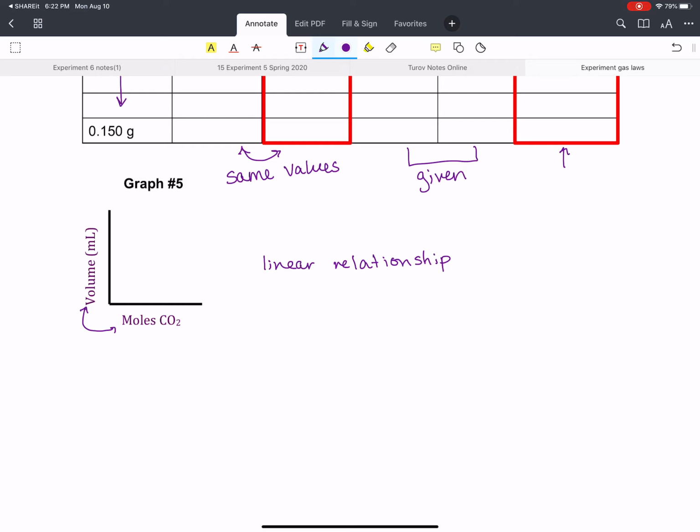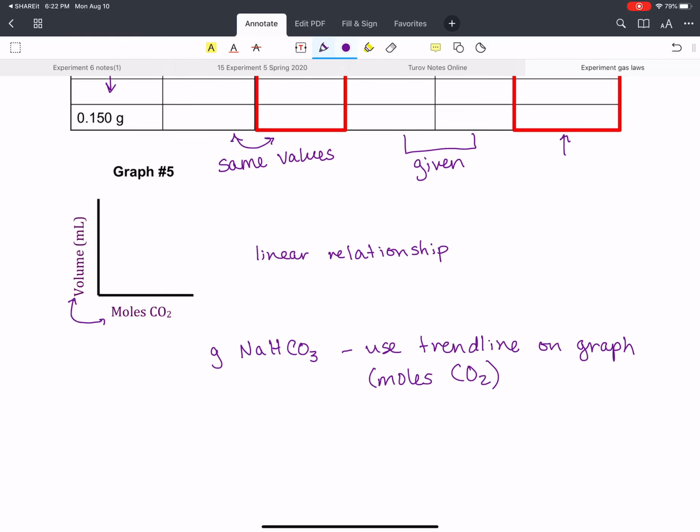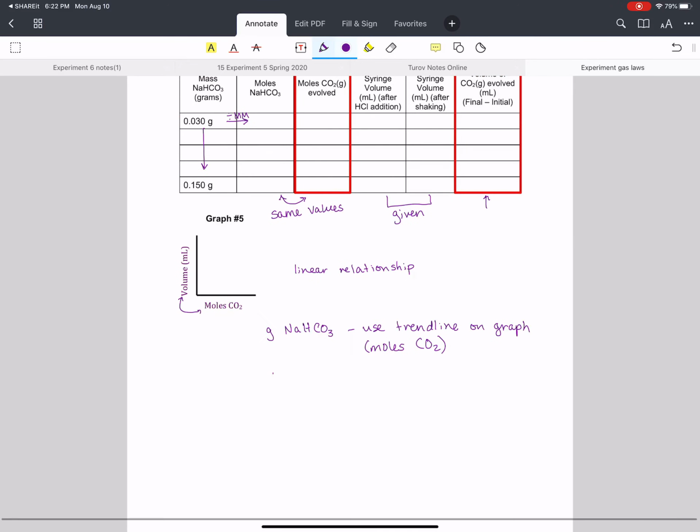One thing to keep in mind, though, is if we ask you about grams of NaHCO3, or how much sodium bicarbonate went into the syringe, you would use the trend line. But the thing that the trend line tells you from the graph is about the moles of CO2. So if you know volume, what you can do is go from volume of CO2 to moles of CO2 using the trend line.